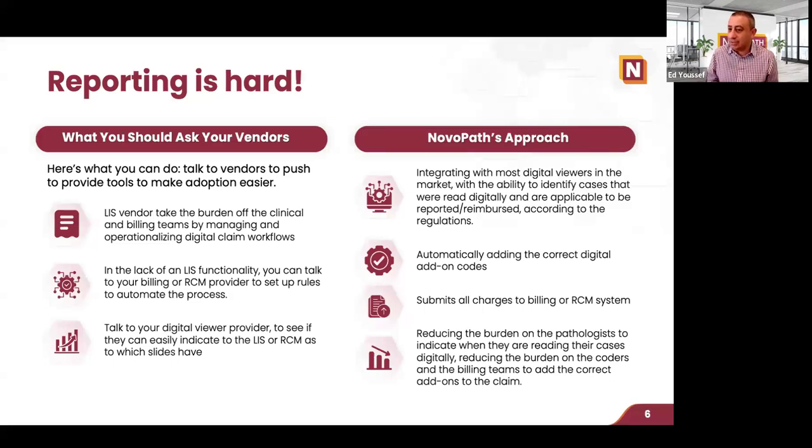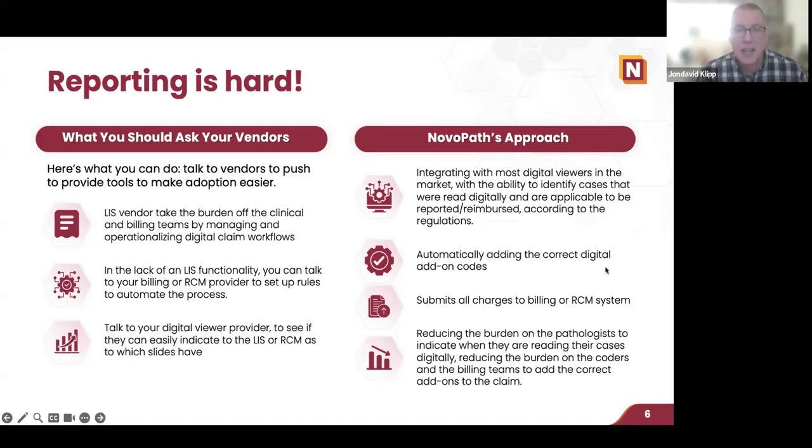Given digital is the future of pathology, we want to make sure that labs are reporting their adoption. CMS is taking note of that, and regulations hopefully will follow soon, and hopefully in 2026 we start to see some movement in that direction.